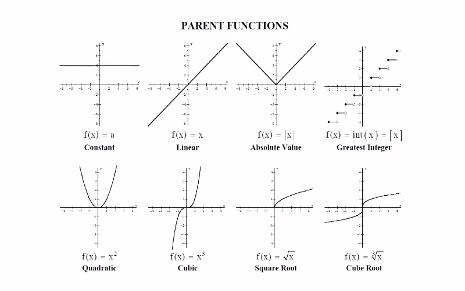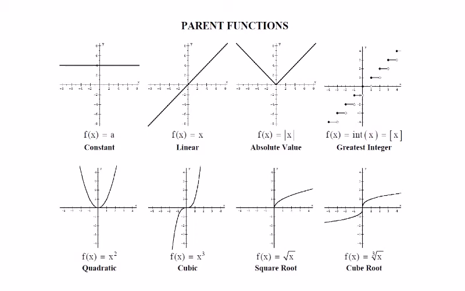So now that we've explored and figured out how to get these, this is a handout that I'll make available on Canvas that shows you some parent functions, right? So these are the most basic functions of their kind, and we're going to do some transformations with them.